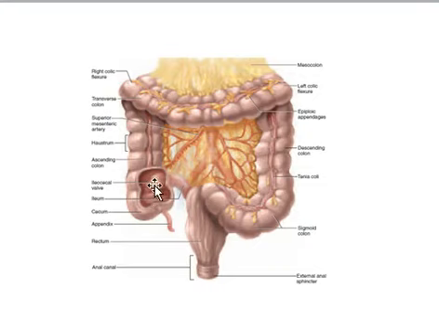Then it ascends, and we call it the ascending colon, and then it flexes here and becomes the transverse colon, and then it descends, the descending colon, and then it makes an S-shaped part, which we call the sigmoid colon. This part should look like an S. And then it is straight, and we call it the rectum.